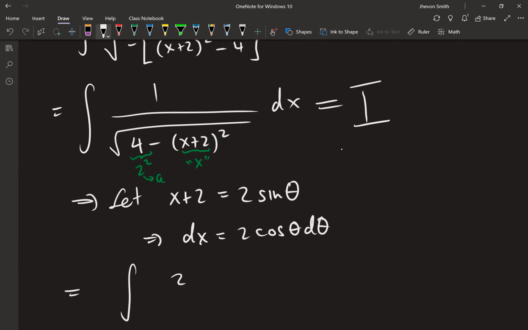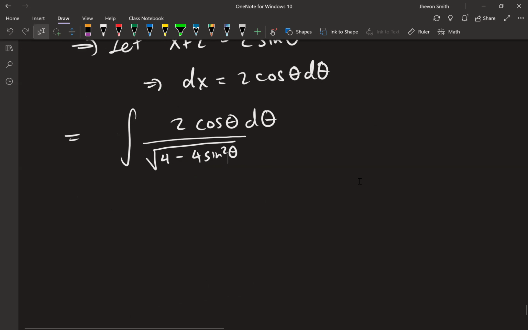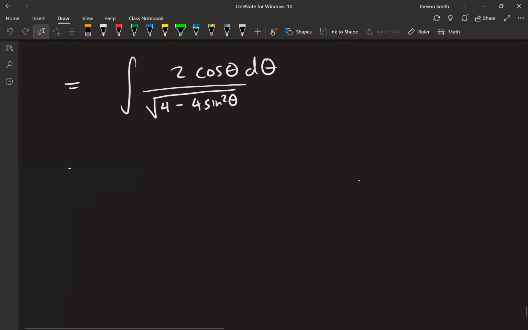So the dx is going to be 2 cosine theta d theta over the radical of 4 minus, the x plus 2 is actually 2 sine theta, so this is 4 sine squared theta. Of course, 1 minus sine squared is cosine squared, so under the radical you have 4 cosine squared theta, and you take the radical, so that gives you 2 cosine theta.